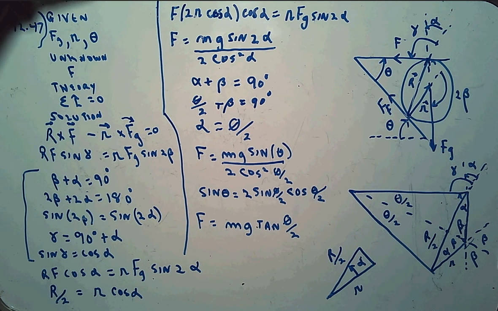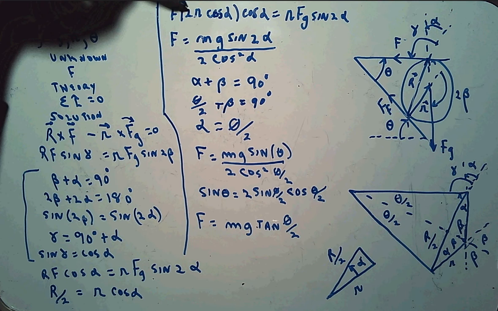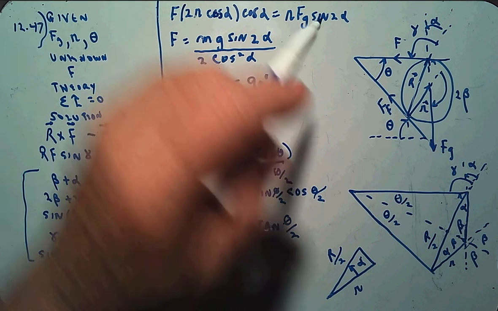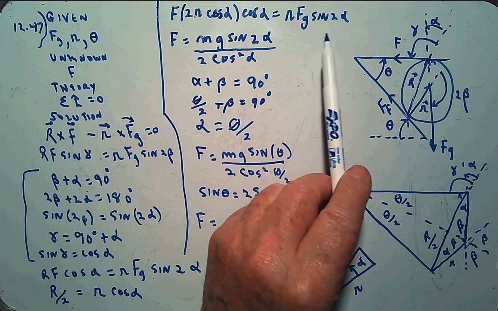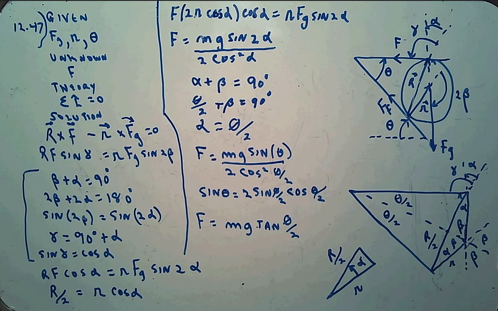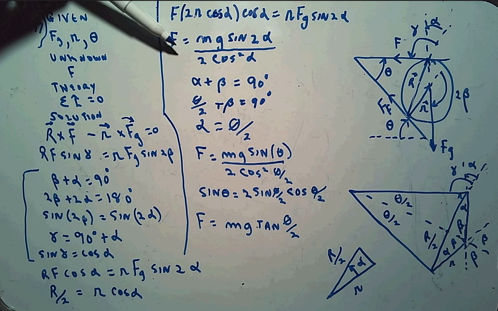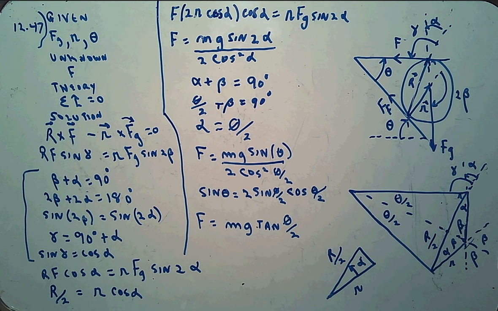I can come up here and see this R right here? I'm going to put 2r cosine alpha in there for it. So F times 2r cosine alpha, that's what capital R is, equals r FG sine 2 alpha. So I can solve for F in terms of alpha just by solving this algebraically.